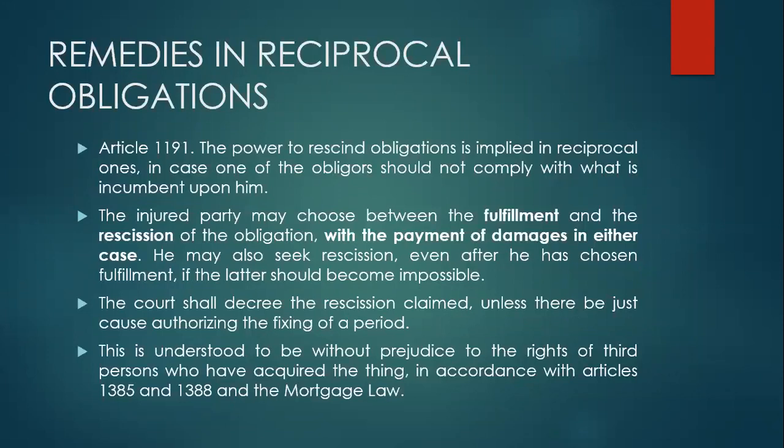He may also seek rescission even after he has chosen fulfillment if the latter should become impossible. The court shall decree the rescission claimed unless there be just cause authorizing the fixing of a period. This is understood to be without prejudice to the rights of third persons who have acquired the thing in accordance with Articles 1385 and 1388 and the Mortgage Law.